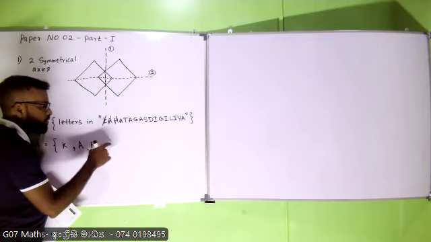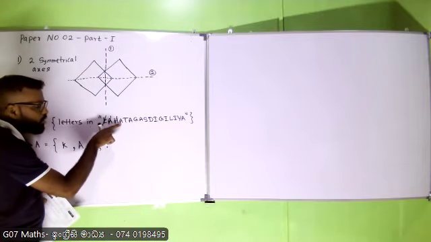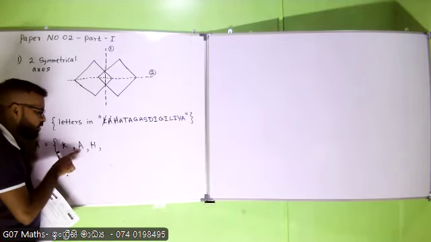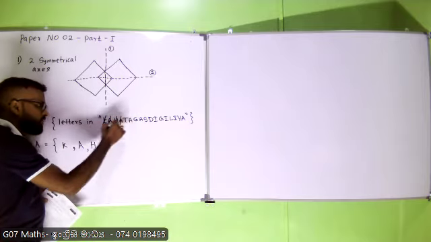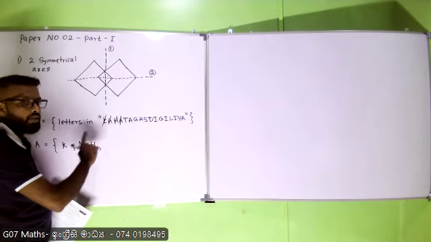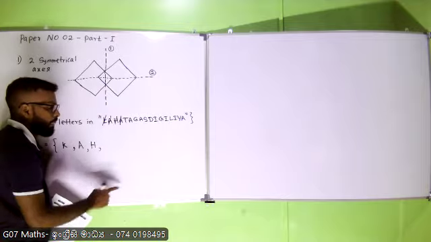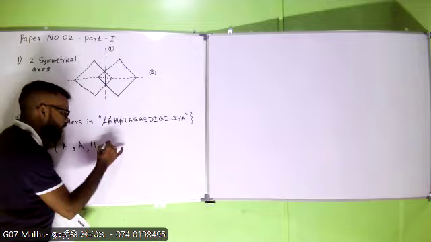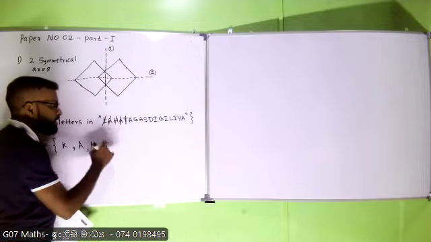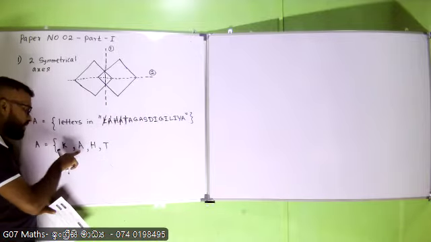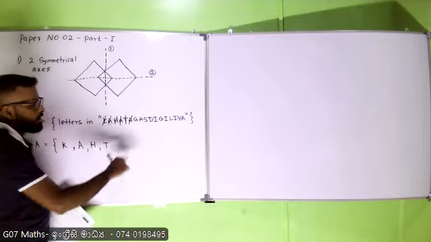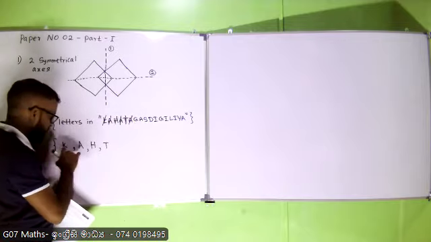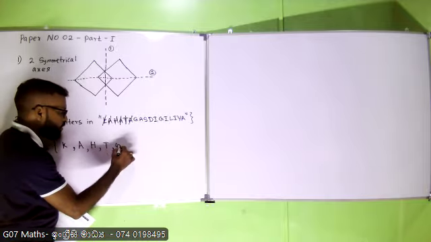No. Because we have already written it here, so we are not going to repeat the same letter. Here we have T. Here we do not have T, so we have to write it. Same thing. Here we have A, so we are not going to write it. Here we have G. Here we do not have G, so we are going to write it.